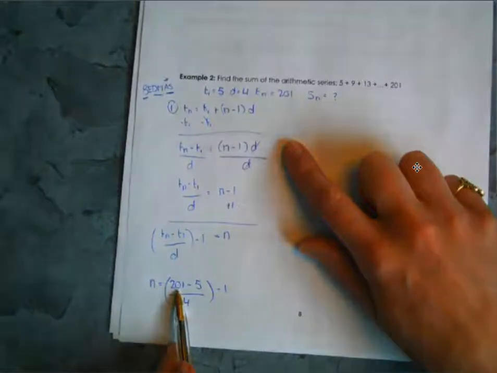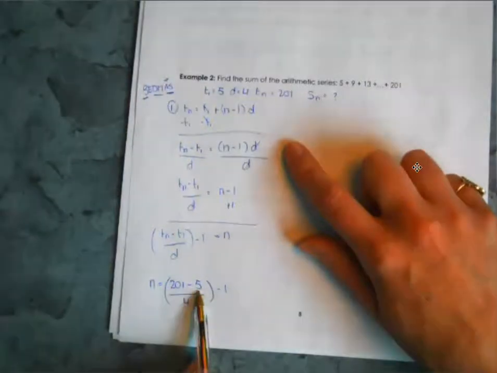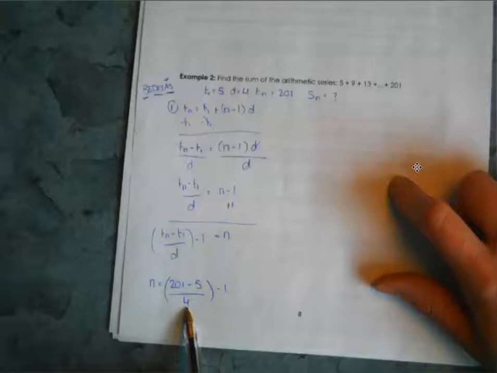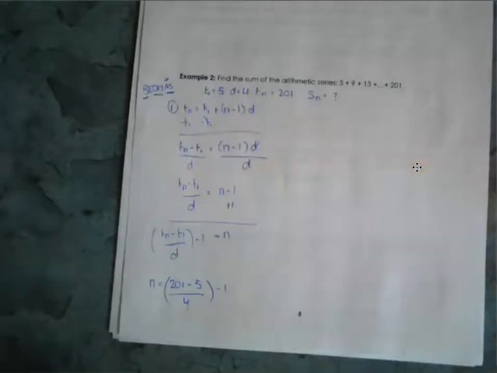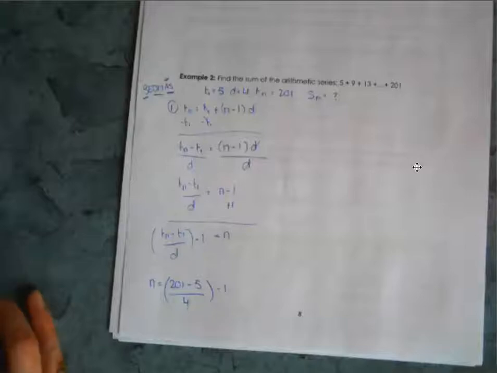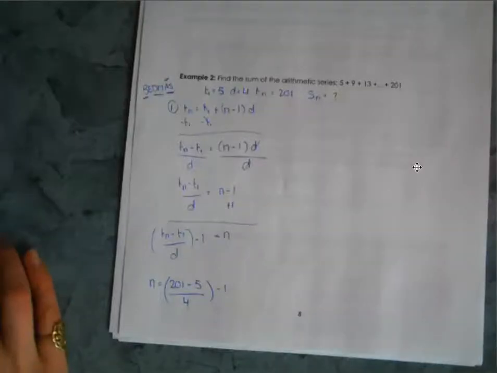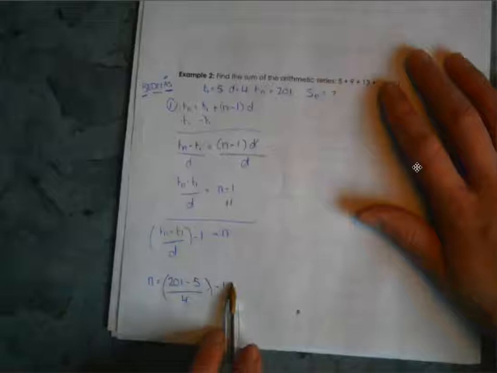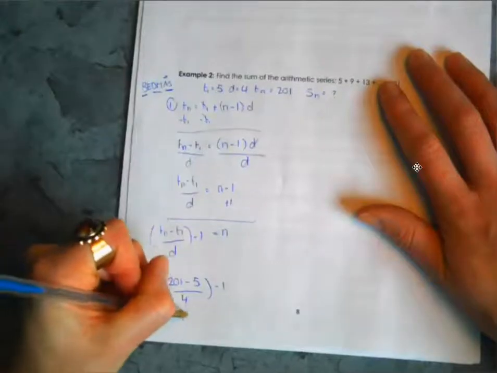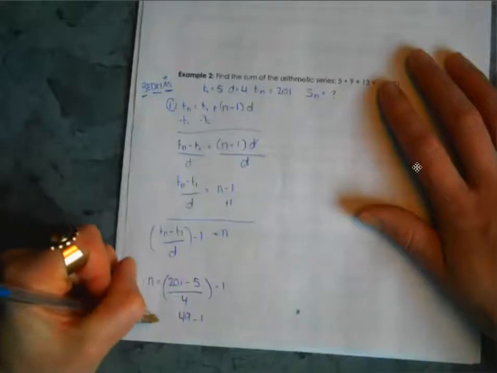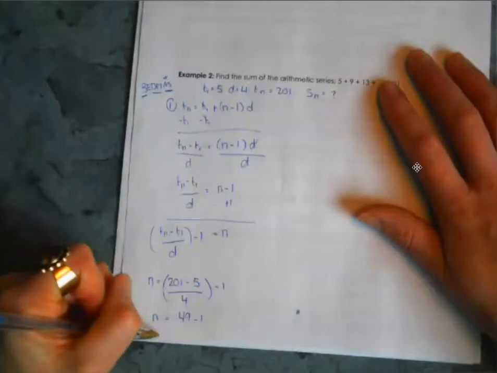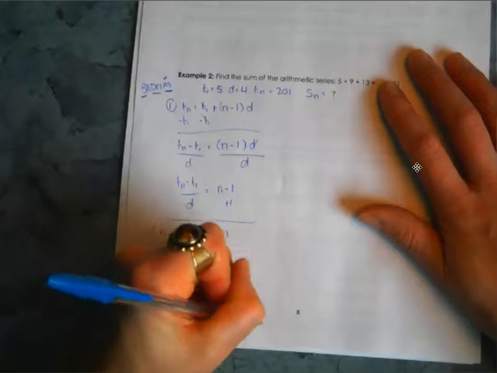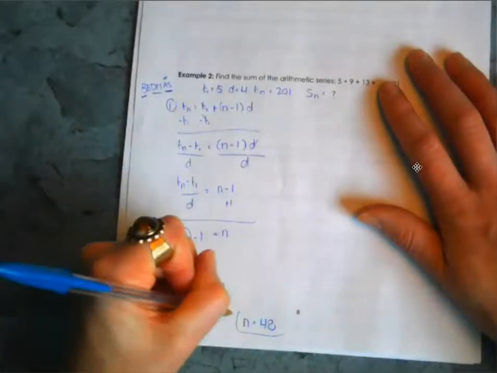So 201 minus 5 divided by 4. 201 minus 5 is 196, divided by 4 is 49. And then we subtract off 1, so this whole thing is 49 minus 1. And so we have n is equal to 48.